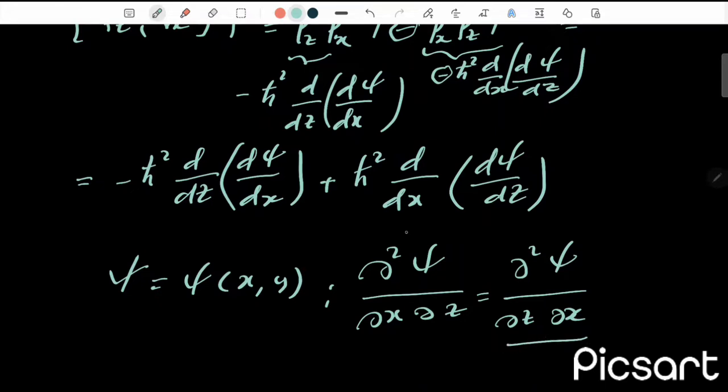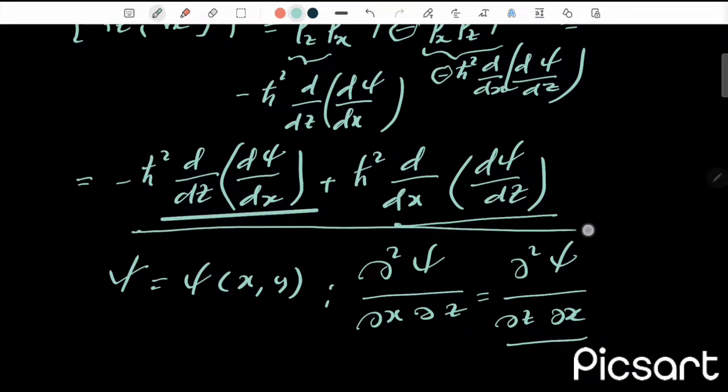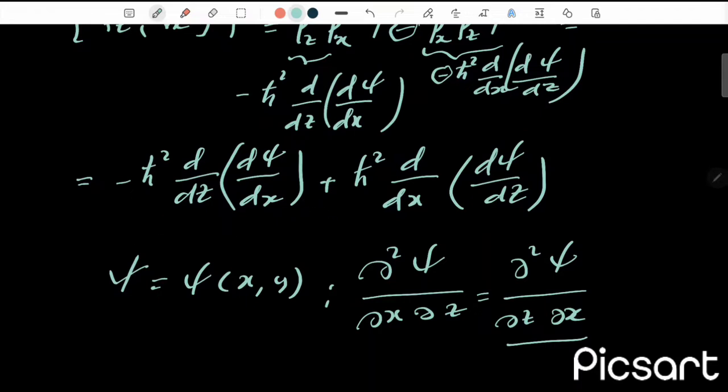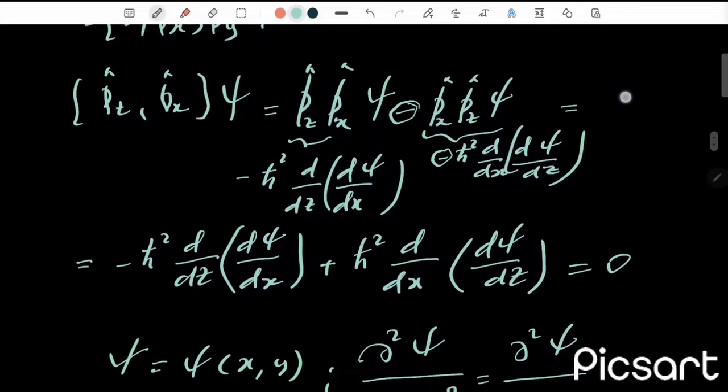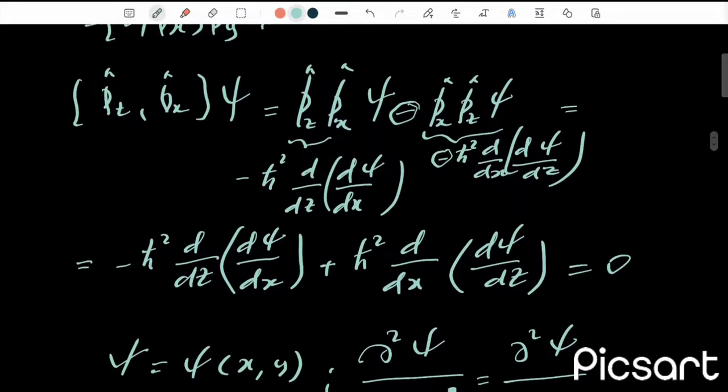This means that this derivative is also equal to this one, so this term is equal to 0. Again, from here, this means that the z component of the linear momentum commutes with the x component of the linear momentum.